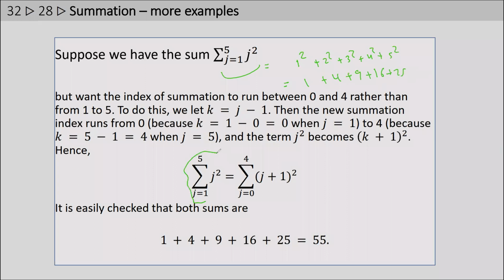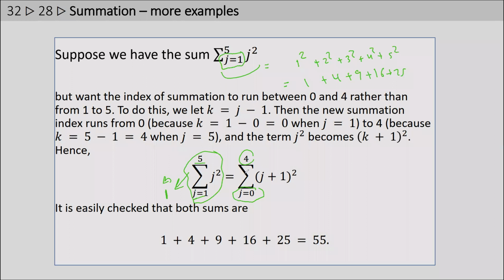This summation could be written differently. You start with the lower bound j is 1, but if you want to start with a lower bound j is 0, it's okay. You will shift the lower bound and the upper bound by 1, decreasing both boundaries by 1. So the new boundaries are j starts with 0 and ends with 4.